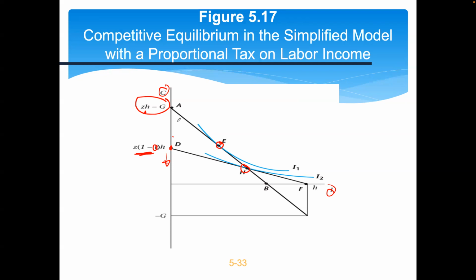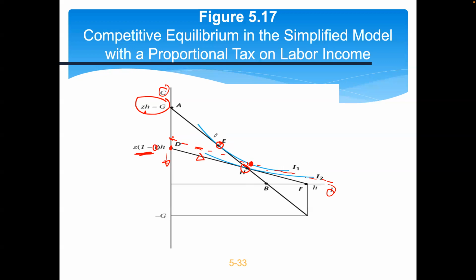Let me see how we're going to draw the third line. All right, so we are going to do this. So here I draw a dotted line. This dotted line is parallel with the new PPF. And then you move from here to here.